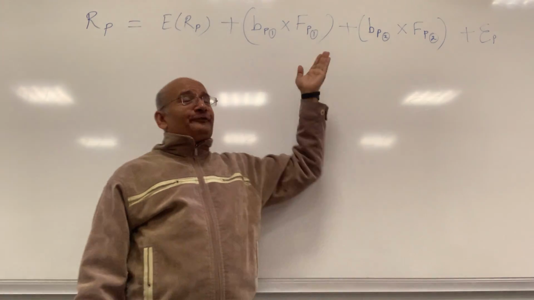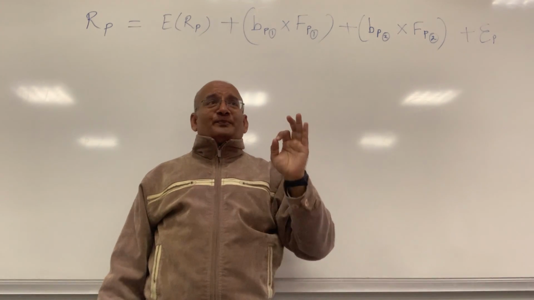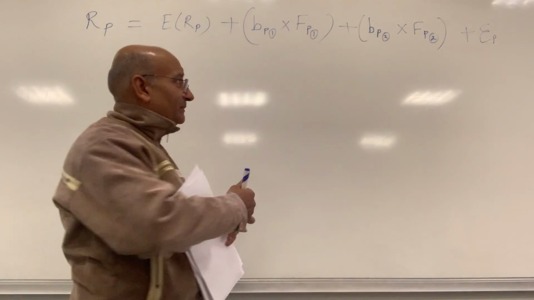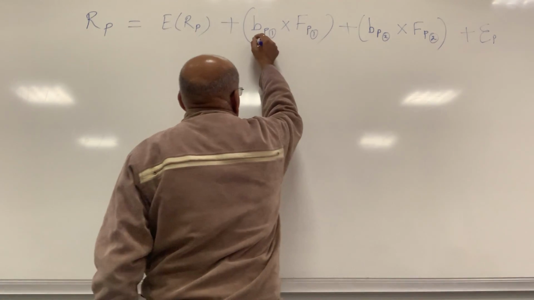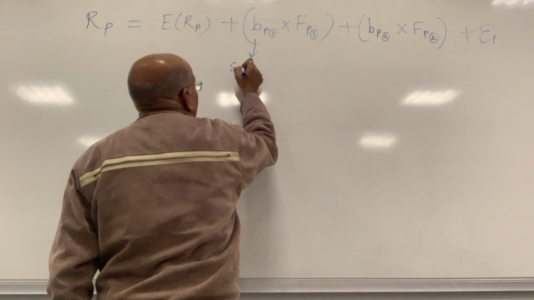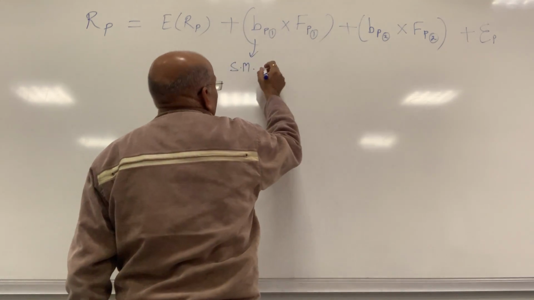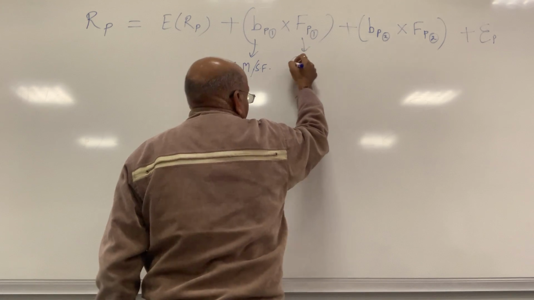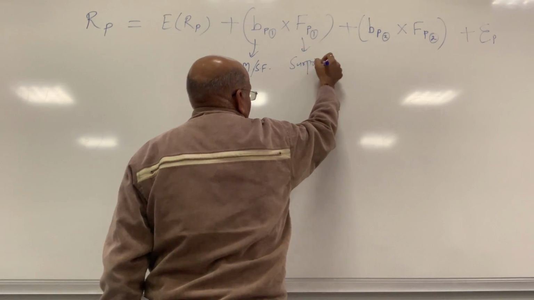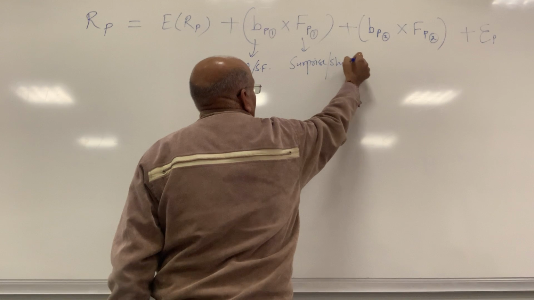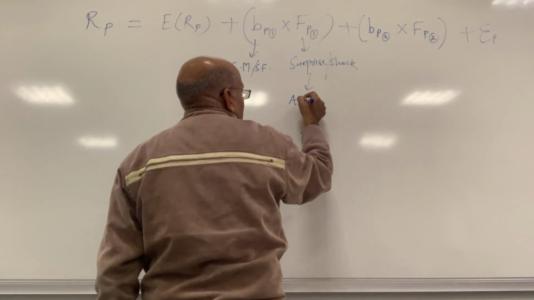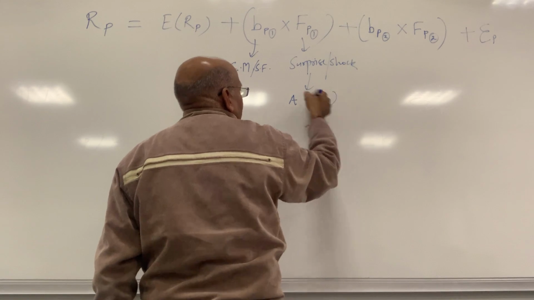Then F means here surprise or shock. What does it mean by F here? First I will write it here: beta is the sensitivity measure or sensitivity factor, and F means surprise or shock. How to calculate surprise or shock? Actual minus expected.